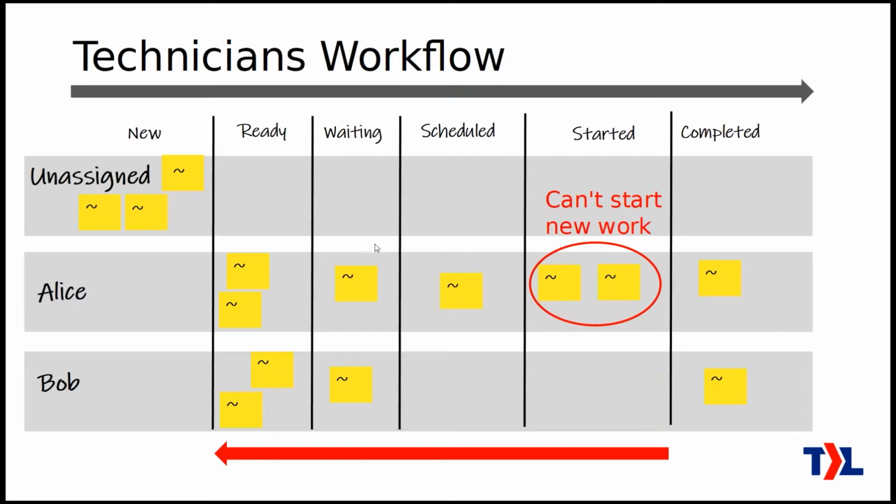And if there's nothing in waiting, then absolutely go ahead and take from the ready column. In fact, that's what Bob can do here, because Bob has nothing in started right now. So he would first look through waiting and then look through the ready column. Well, just pick what's at the top of the ready column. And that's basically the engineer's workflow, and that's what keeps your work in progress to a minimum and makes you seem really responsive to your customers.